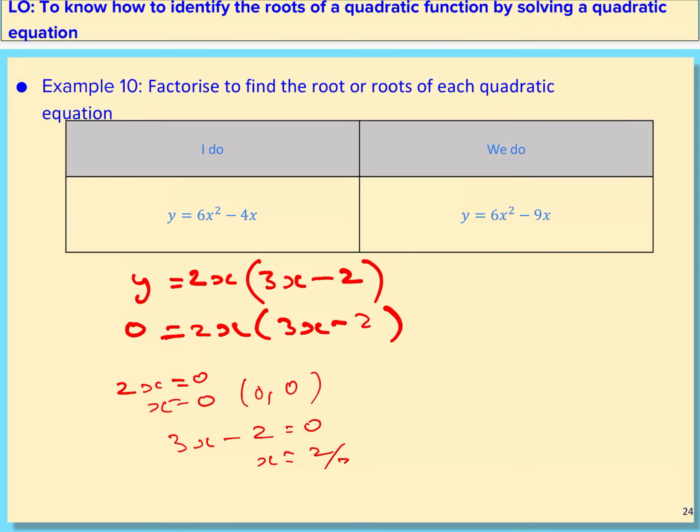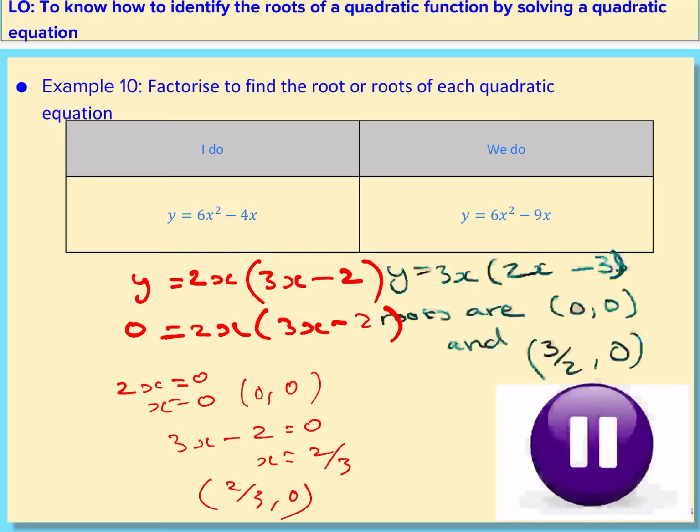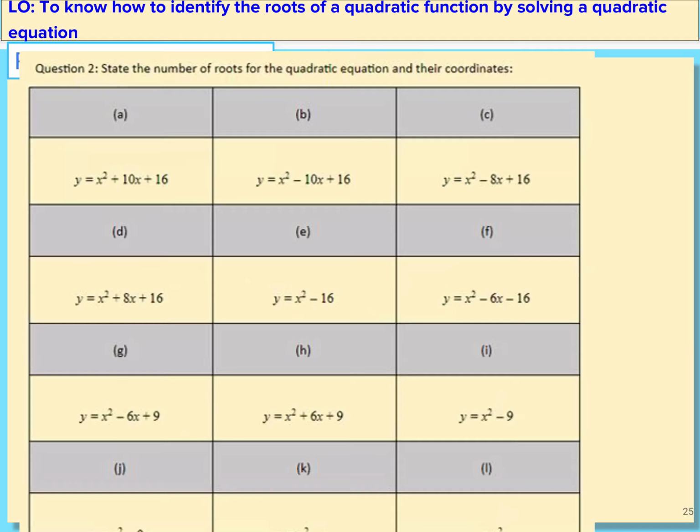So 2x equals 0, therefore x can in fact just equal 0. So one root is 0, 0. And with 3x minus 2, you make that also equal 0. So x equals 2/3. So the coordinate is 2/3, 0.